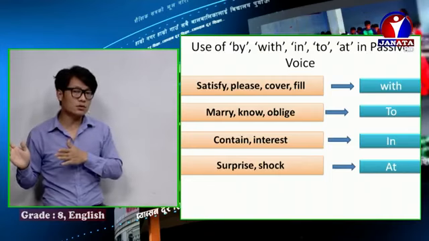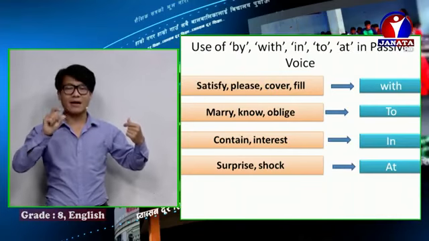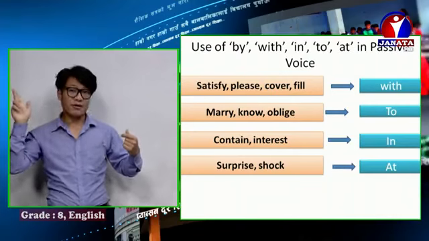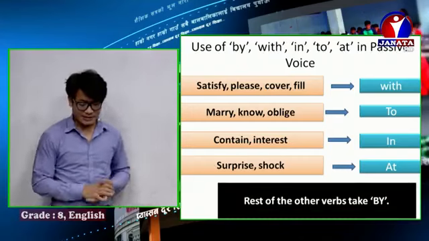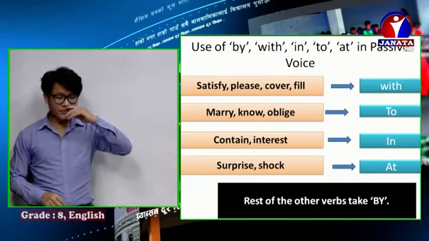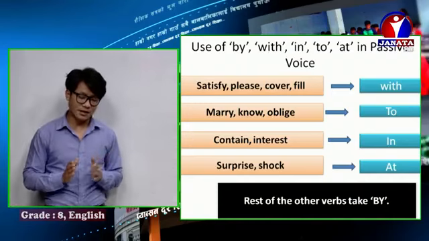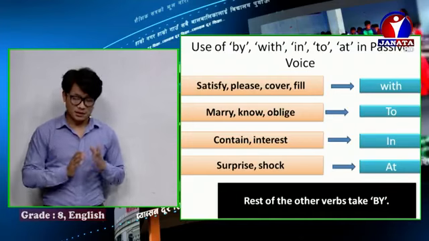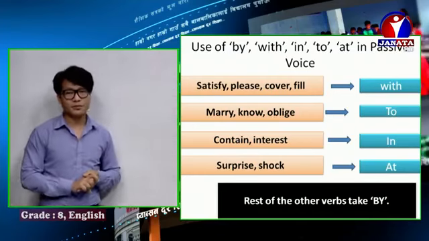So what should we use? You need to use "I was surprised at the result," then that's correct. So this is how we use them. Let me show you the last point: the rest of the other verbs, except those shown above, take by.